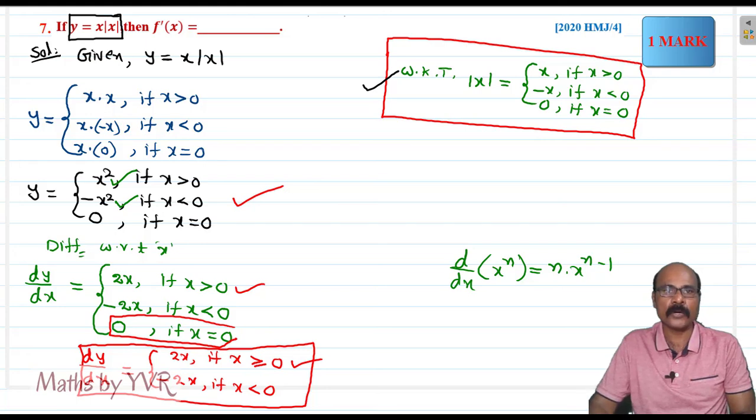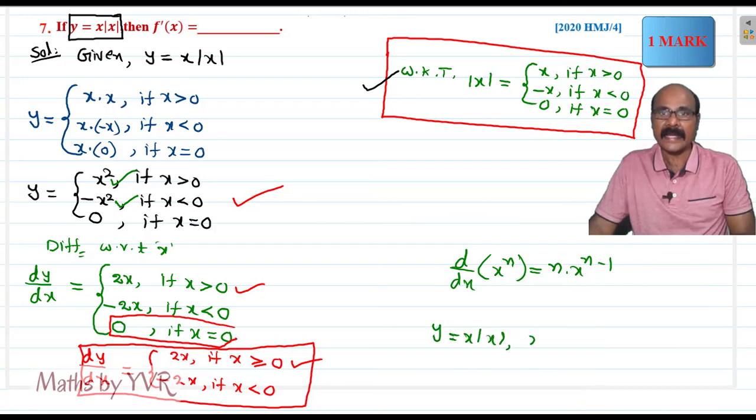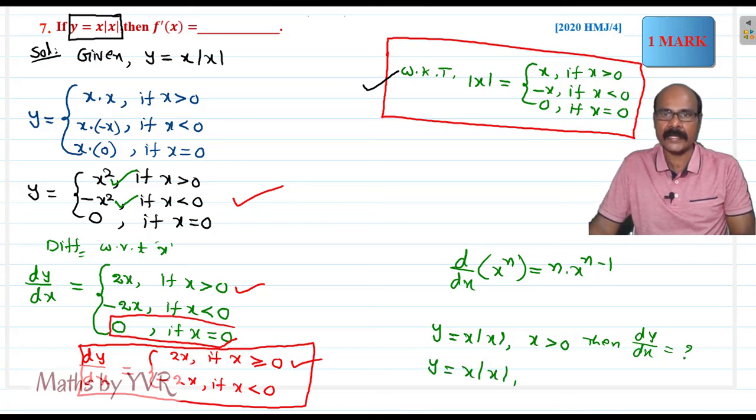This question, from the board exam point of view, they will ask in different ways. How they will ask means, if y is equal to x into mod x, here x is greater than 0, then what is dy by dx? And one more way, if y is equal to x into mod x, here x is less than 0, then what is dy by dx?